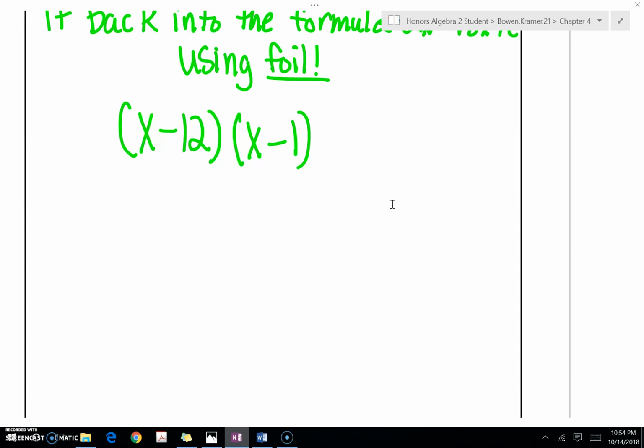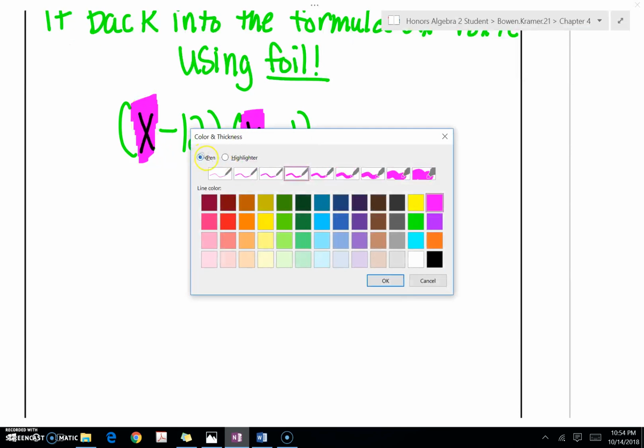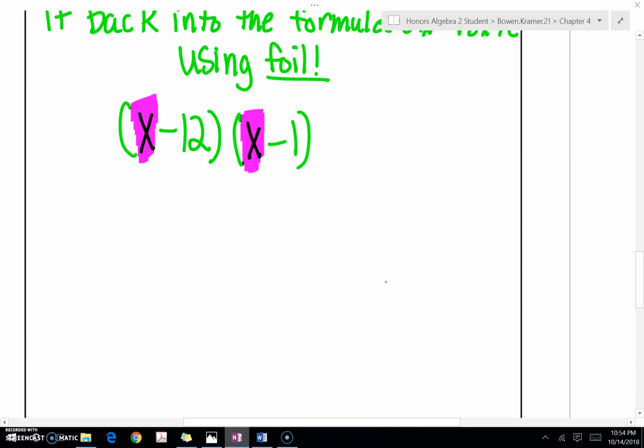The F stands for first, so we're going to take the first term of each factor, which is x. Since the x's right here are your first, we're going to multiply them together. So x times x equals x squared. The next one is outer.